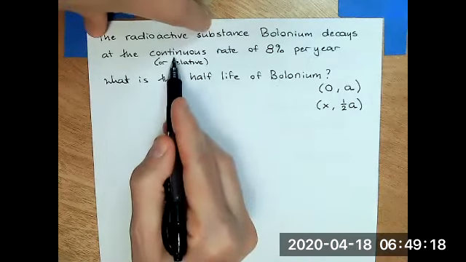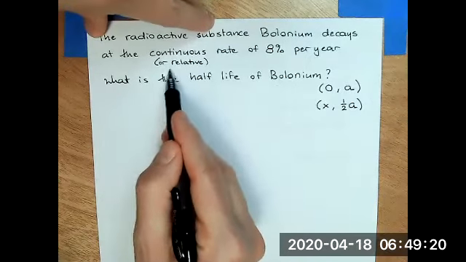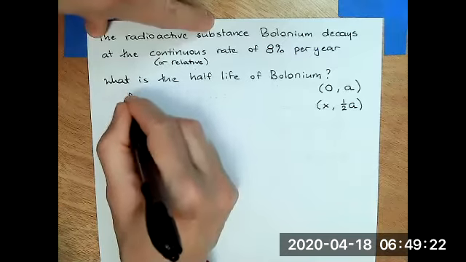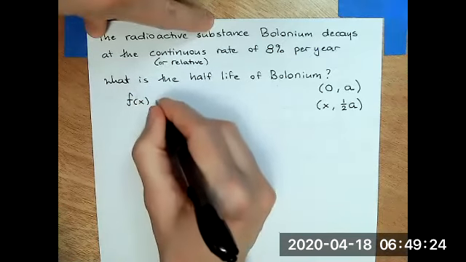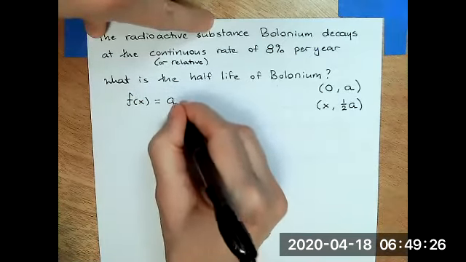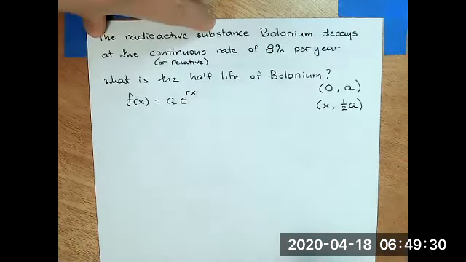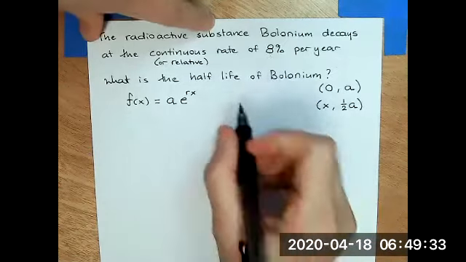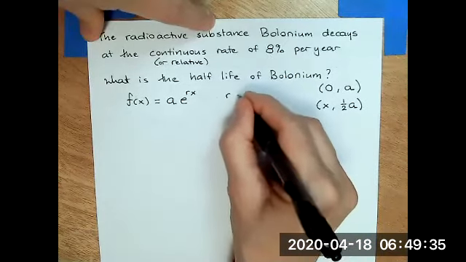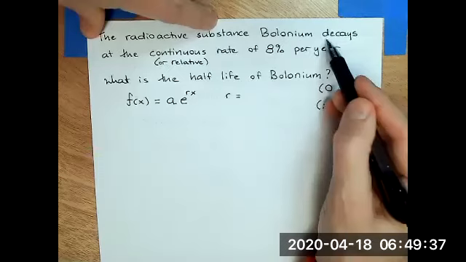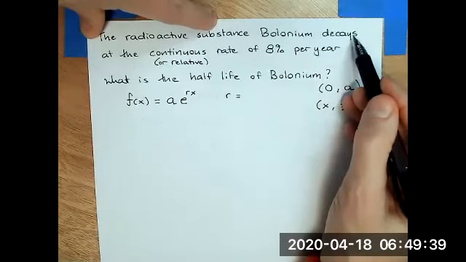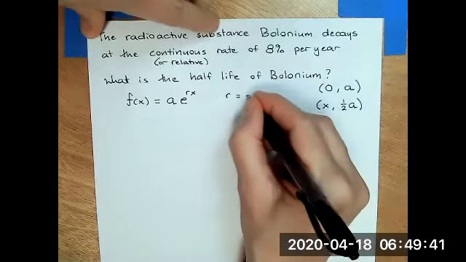Because the rate is given as a continuous or relative rate, we use this form. My rate is 8%, but because this is decay, this is a decreasing function.